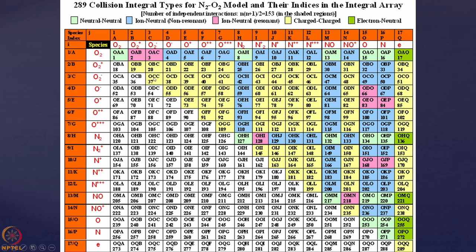Okay. Now, whenever you have N2 and O2 at normal temperature, they will be in the molecular state, right? But as you raise the temperature, what will happen? This N2 will break to N, O2 will break to O. Then you increase further, then N will be ionized, O will be ionized. So, with further increase in temperature, you will get singly ionized, doubly ionized, triply ionized species.